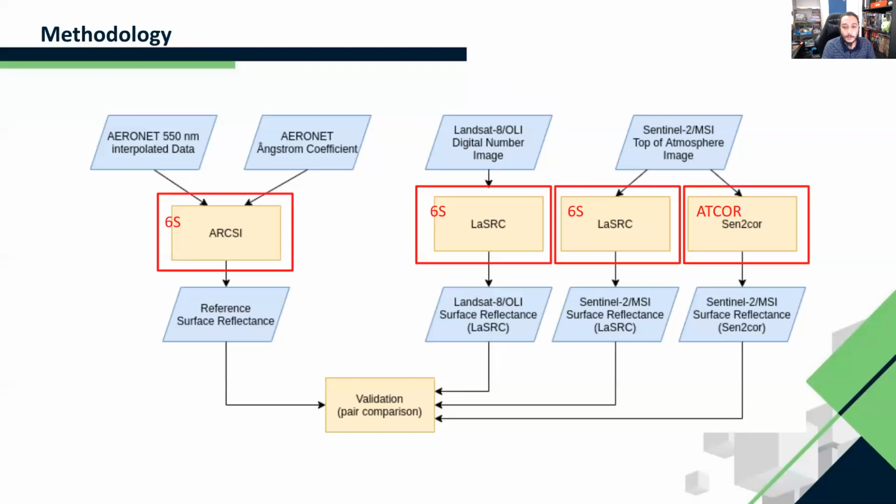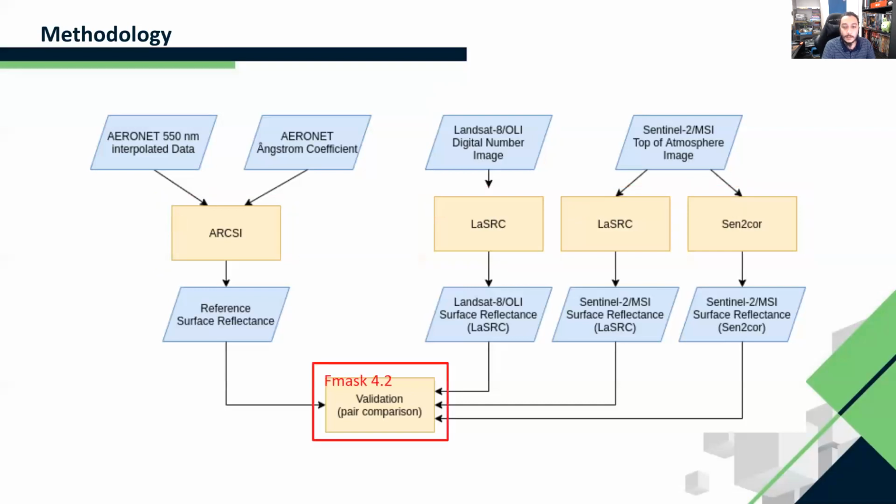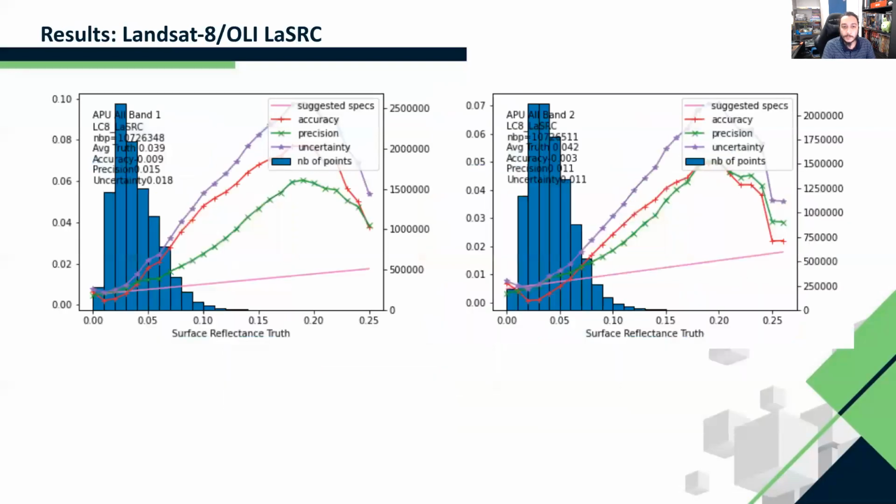We must also mention that ARC-SI and LaSRC both use the same atmospheric correction model, which is 6S, and that is different from the Sen2cor ATCOR. And lastly, we must consider that only pixels that weren't masked as cloud, cloud shadow, or snow by Fmask version 4.2 were used to compare these images.